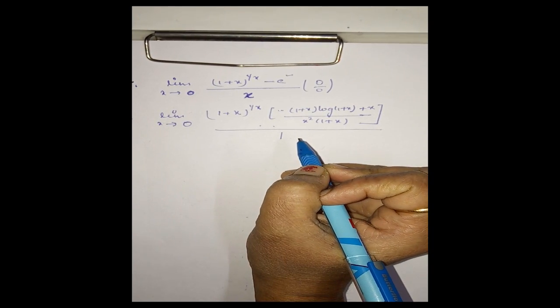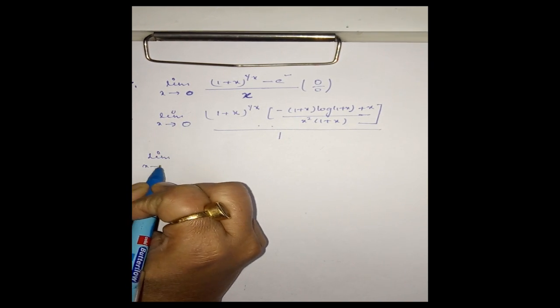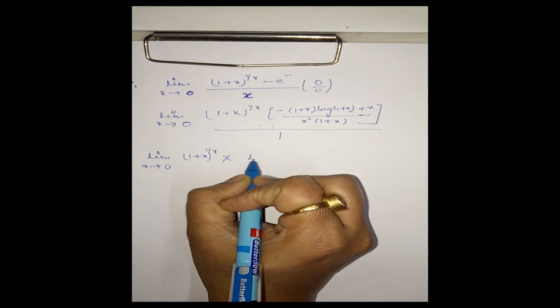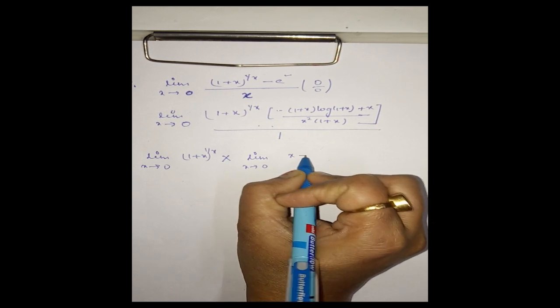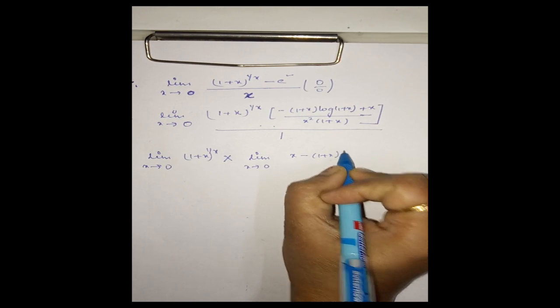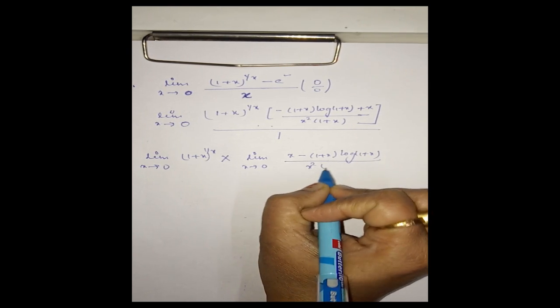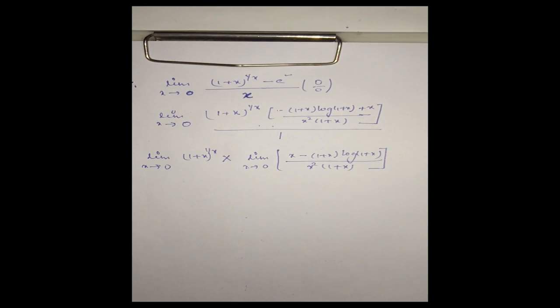Now this is equal to the limit of (1 plus x) power 1 by x into the limit as x tends to 0 of (x minus (1 plus x) log (1 plus x)) divided by x square into (1 plus x). I can write this.